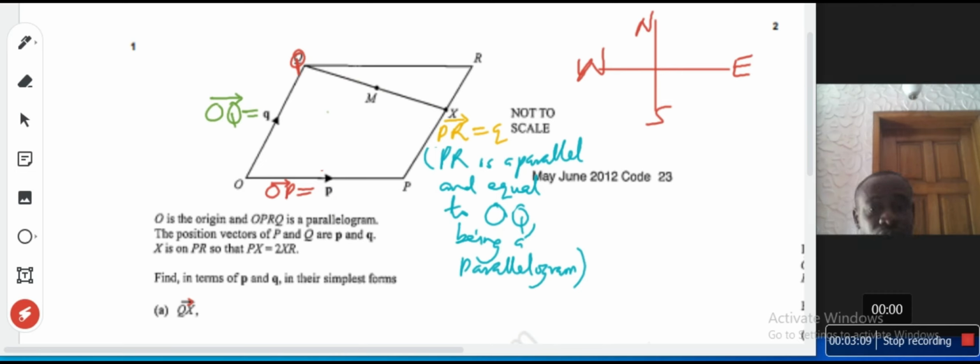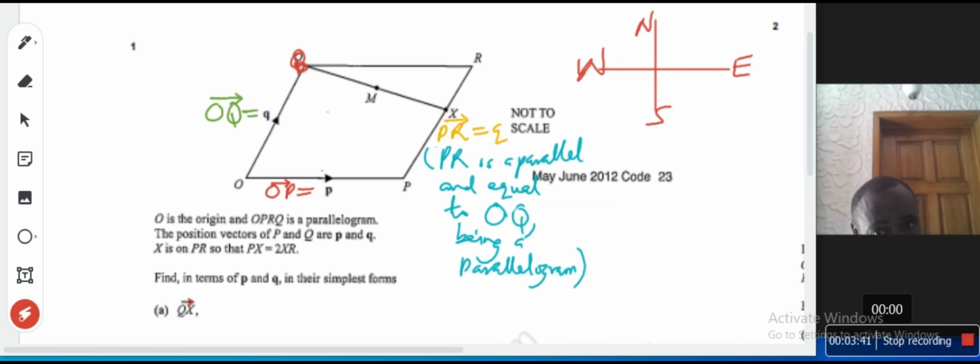Once you have some paths that are already given, and you are expected to walk from a particular point to another point, go through the paths that are given. Don't just jump to the position you are looking for, because there's no road there. In fact, Q to X has no road.